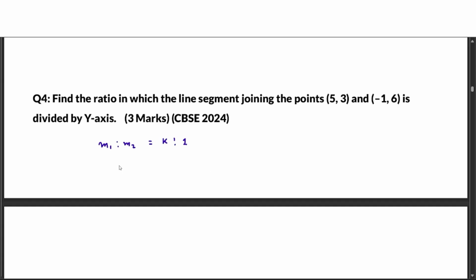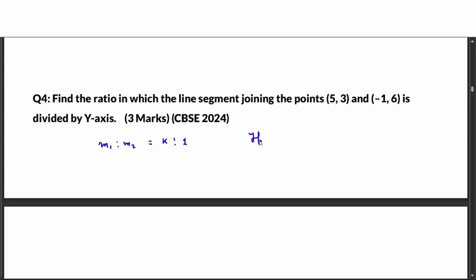So now here we can use this formula. Here it is saying find the ratio in which it is divided by the y-axis, so we have got k is to 1.